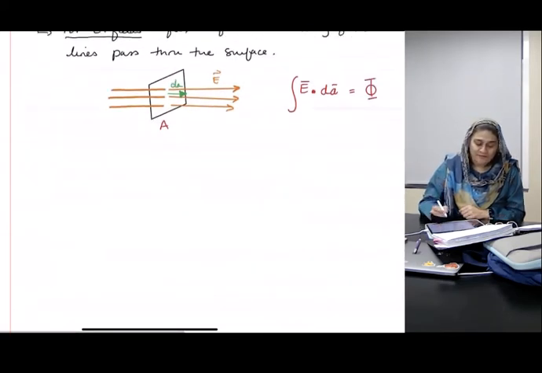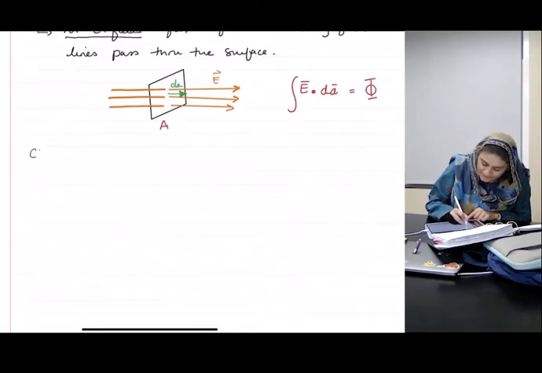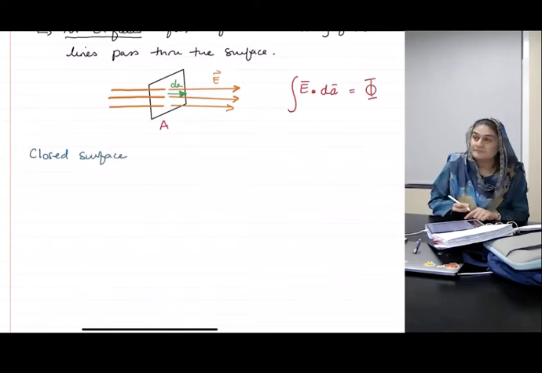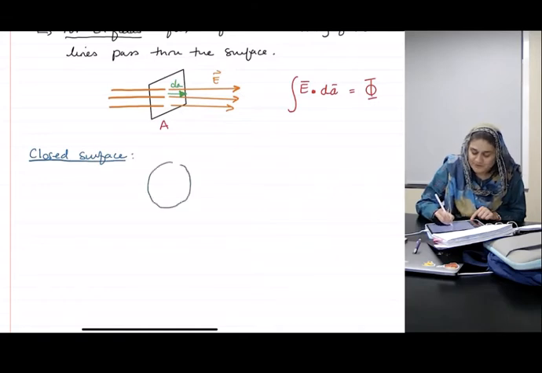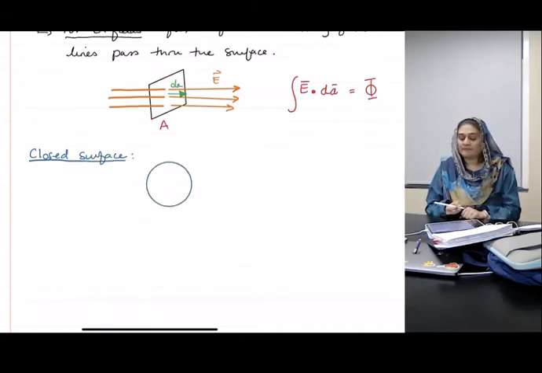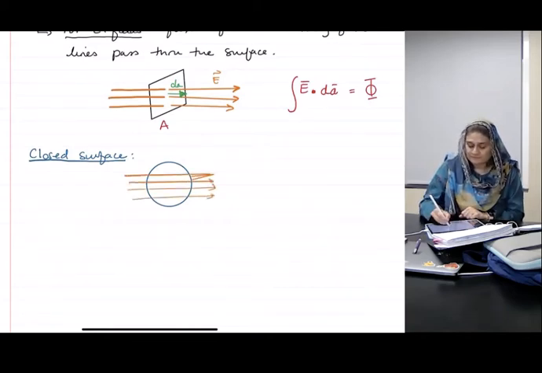What about if you have a closed surface? Suppose this is my surface, and I have field lines going through.